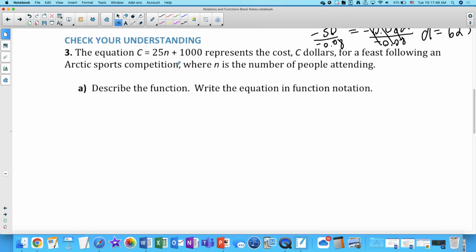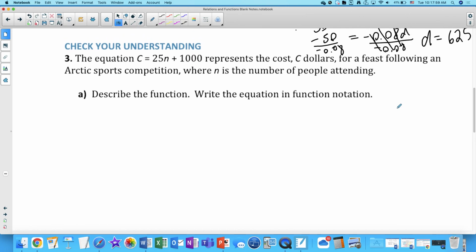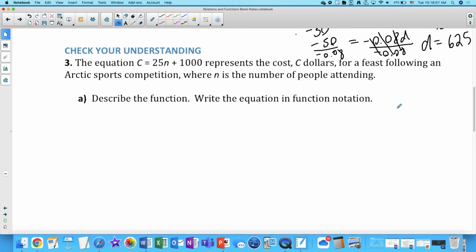Some of you may have been to this sort of thing if you're on a sports team, or you could think of it as similar to a wedding. And the cost of putting on an event depends on how many people are there, right? So this is essentially what's going on here.